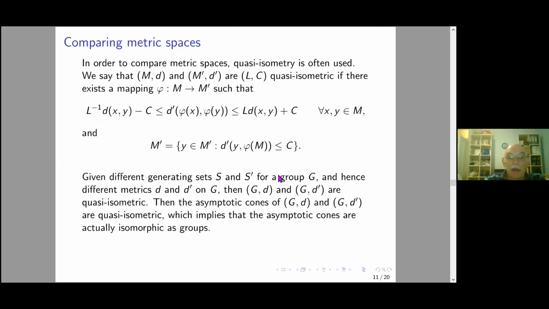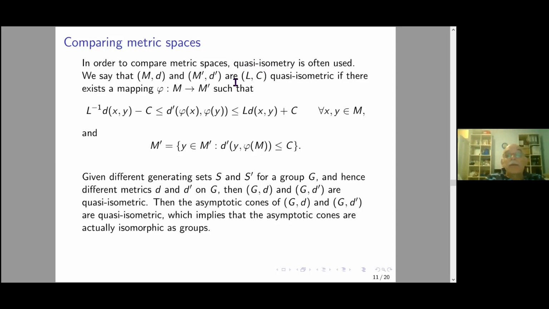So here's something that is a little bit technical, but let me tell you anyway. When we've got metric spaces, we often use an idea called quasi-isometry. Quasi-isometry is something that's close to isometry, but it's not exactly isometry.